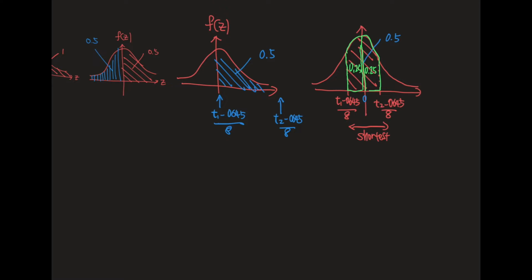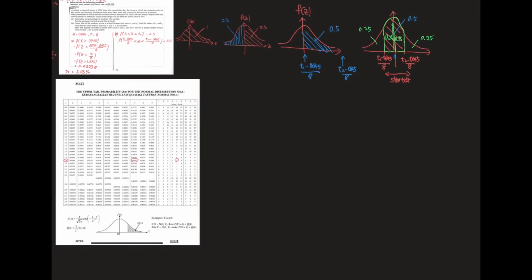If that is the case, then the graph is symmetric. The graph is the same on both sides. So if you take 0.5 and 0.5 in the middle, we should expect the other two ends also 0.25. Now when you want to check the table, you have to know that our table will only give the area on the right.